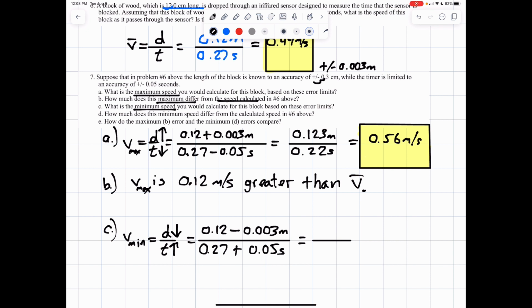Okay, so 0.12 minus 0.003, you can see we're going 0.117 meters on the top, and 0.27 plus 0.05 would be about what, 0.32? 0.32 seconds on bottom.